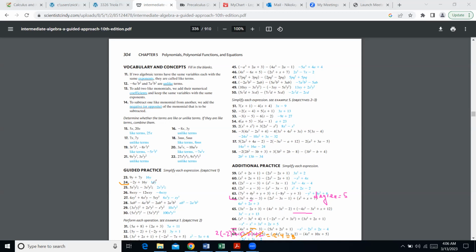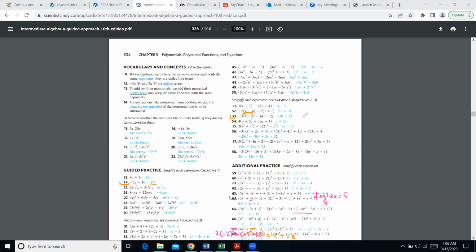Well, 16 minus 2 is going to give you 14 of those y's, and we just simplified. We so-called collected the like terms. We subtracted 2 from 16. Well, how about exercise number 53 with minus 3 in front of the parentheses that I want to distribute?